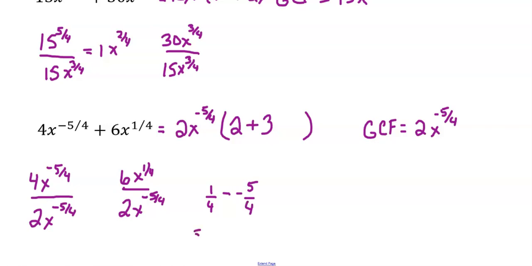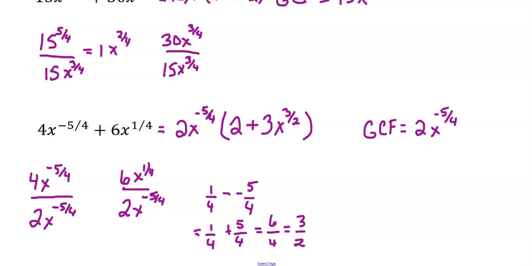That's the same thing as 1/4 plus 5/4, which is 6/4, and we can call that 3/2. Remember, this is the exponent on the x. So 3x to the 3/2 is our second term in the parentheses.